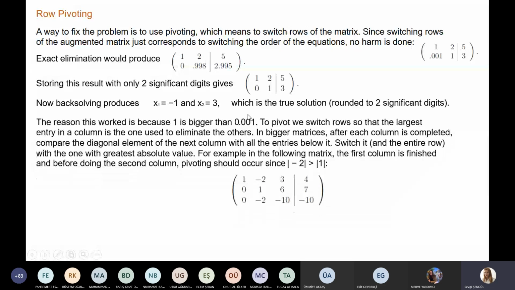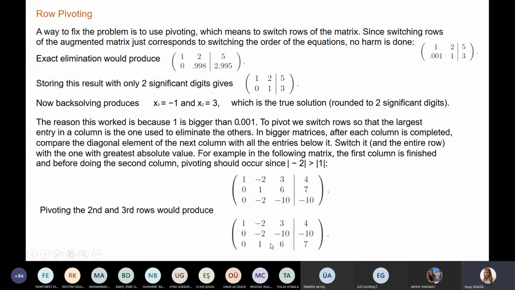For example, for that one, look at the first column. There is nothing to change. For the second one, don't look at the first row: 1 and negative 2. So what you need to do is change the third row with the second one, and after pivoting, this is what you will get.